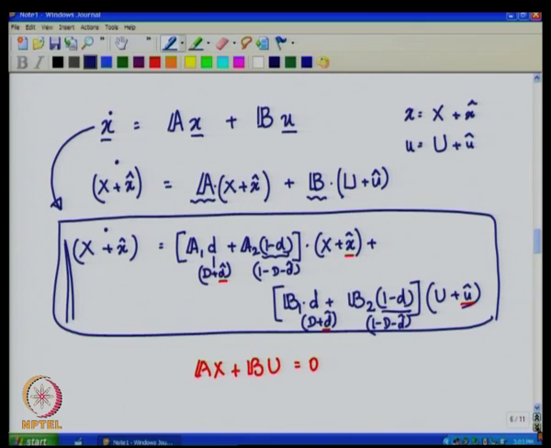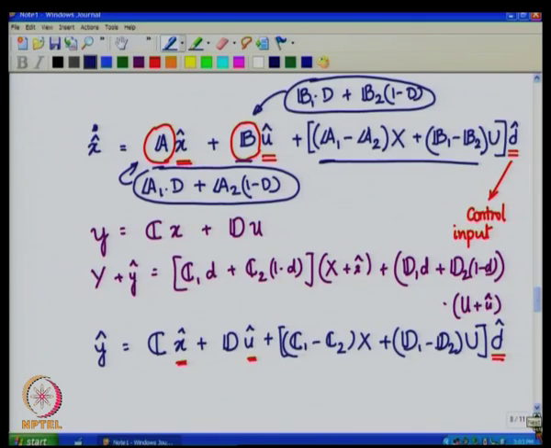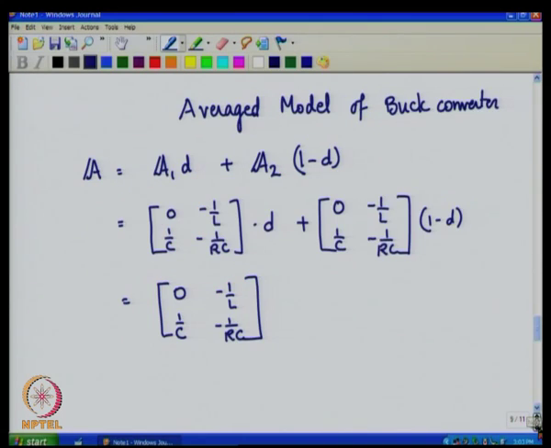If you work out in detail the simplification, you should land up with a simplified form for the small signal model like this, where A and B for the small signal model is like this, and that is what we have tried to apply here.